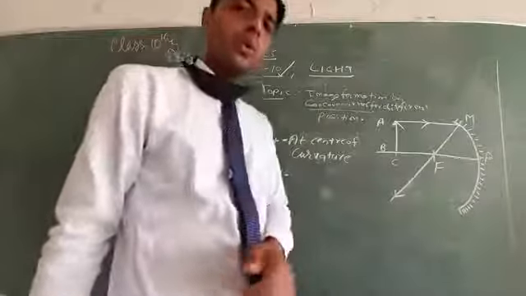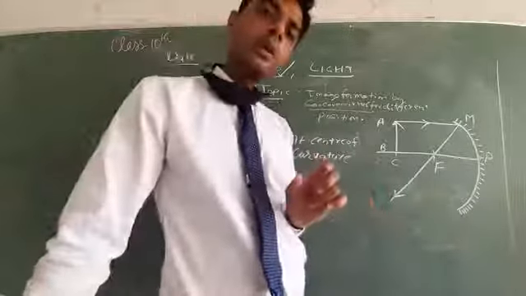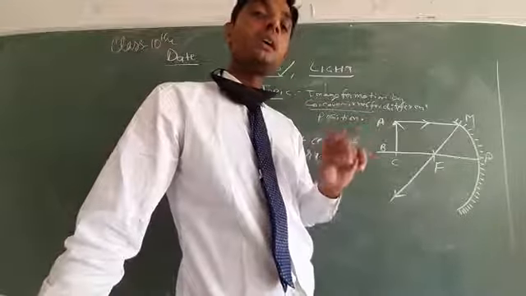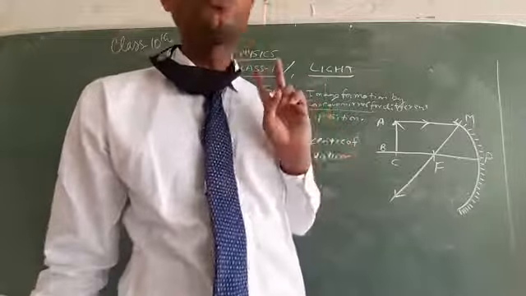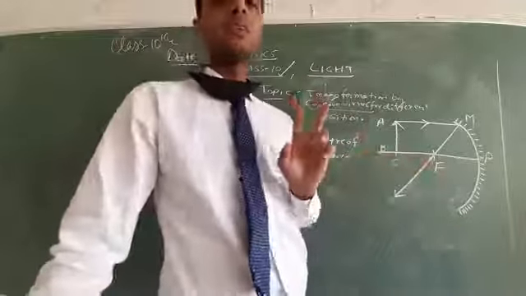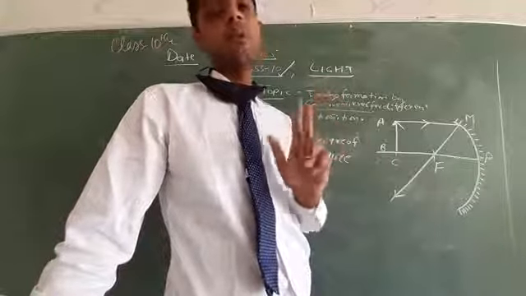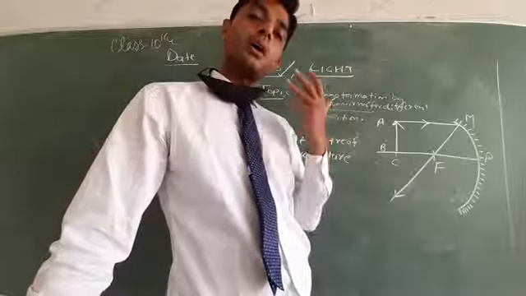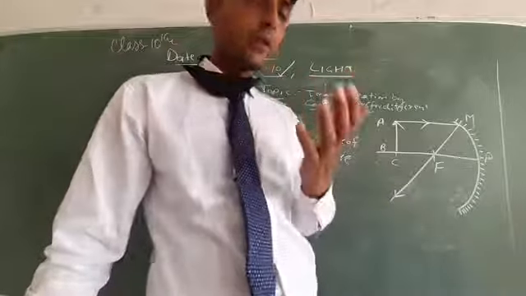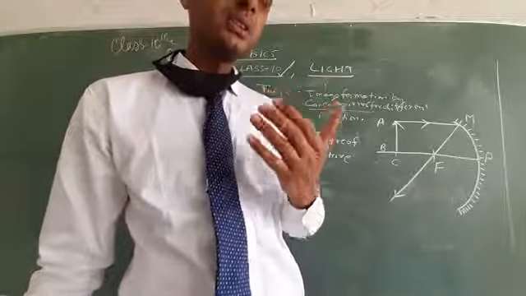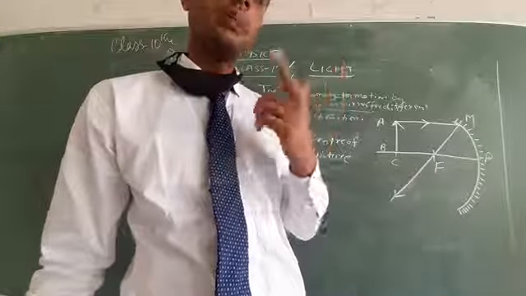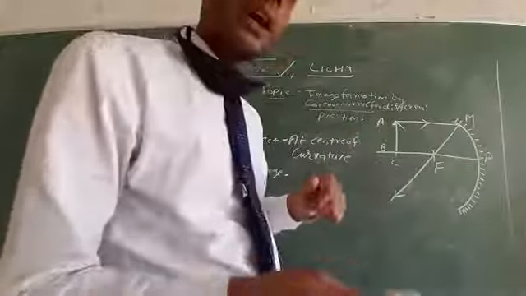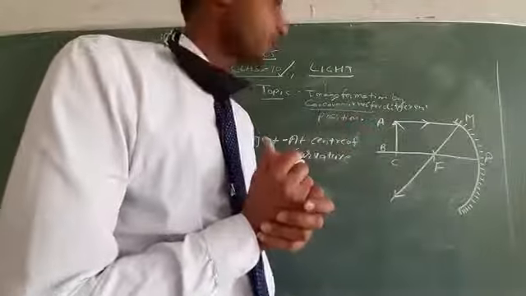Now, as you know, we have to find the image, and the image will form when the intersection of two or more than two rays takes place. The reproduction of the object is known as image, which differs from the real position of the object. It means we have to reproduce the object.